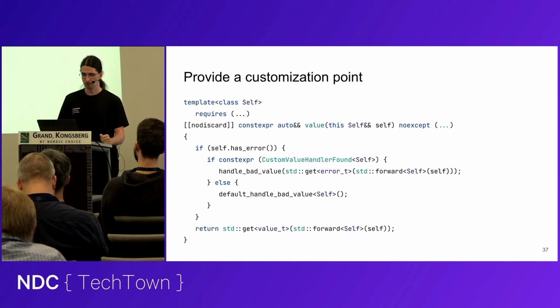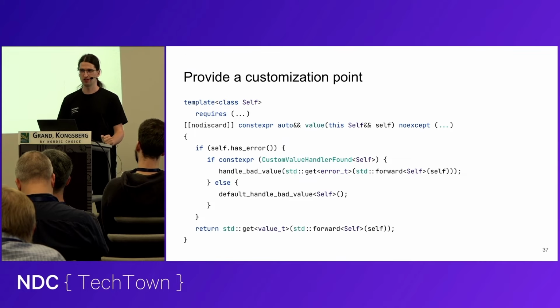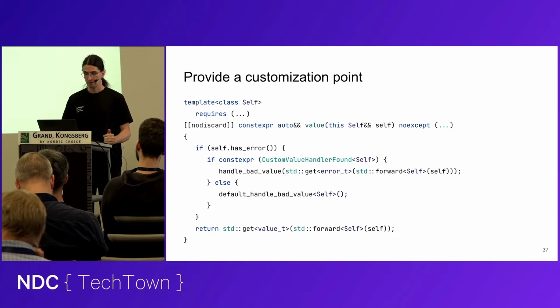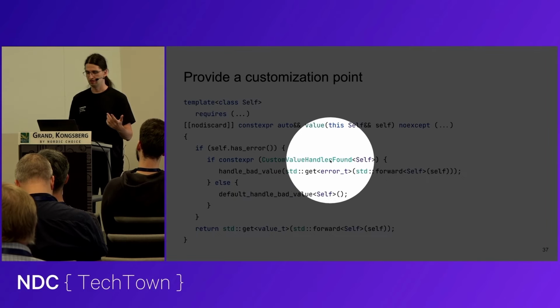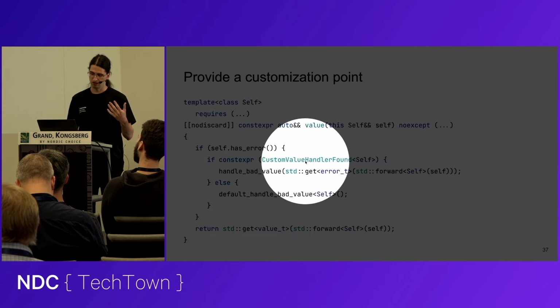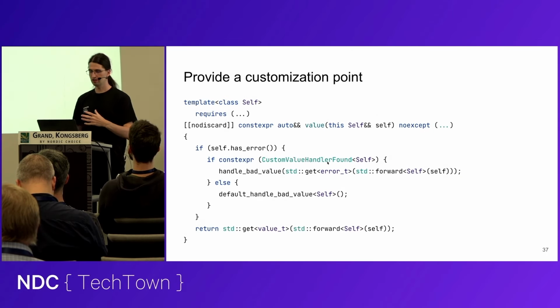But back to the customization point. If we want to customize it, we can have it. This is just one implementation. If we want to access a value, we check: if there is an error and there is a custom handler found for this particular type, we just invoke it.